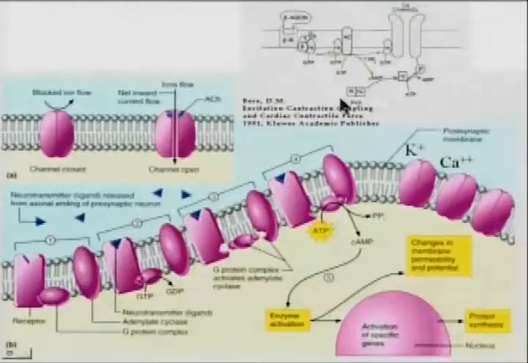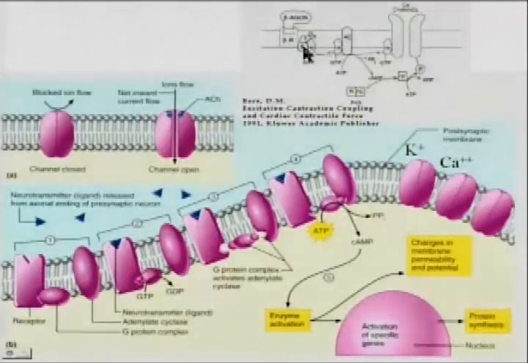We can see the illustration of the beta adrenergic receptor for norepinephrine and epinephrine. You may know that it has a higher affinity for epinephrine, but anyway, a beta agonist like epinephrine would bind to the integral protein and cause a conformational change. In this case, it is a G sub S G protein complex.